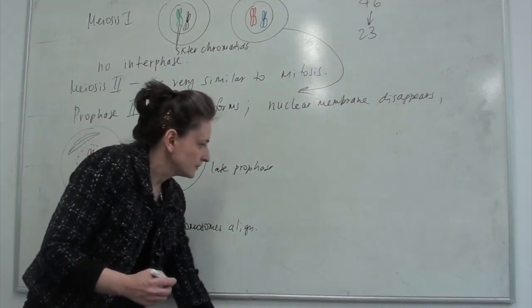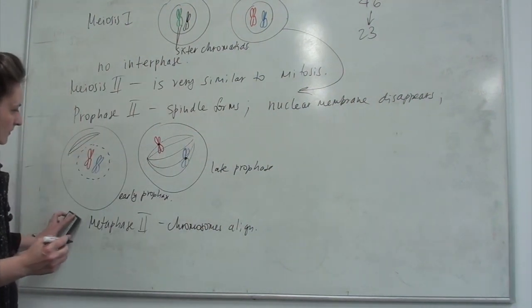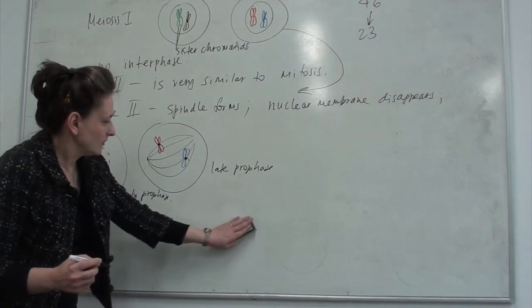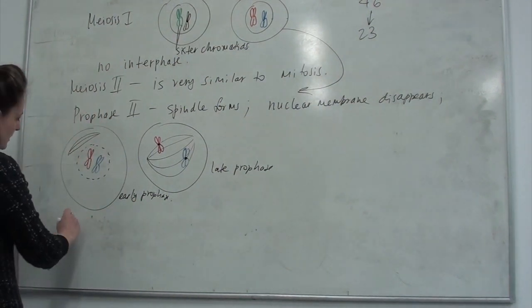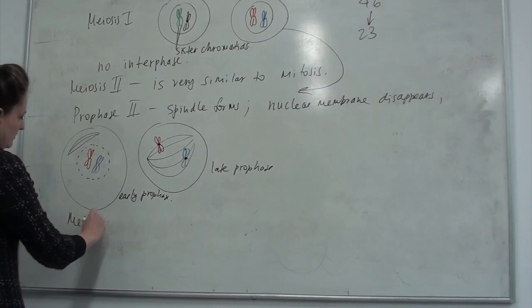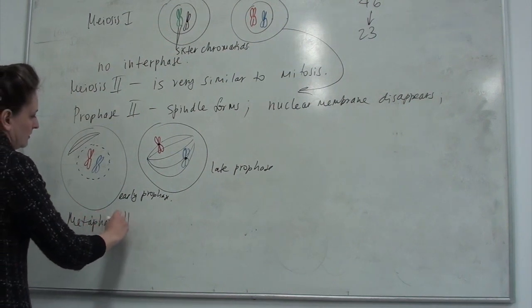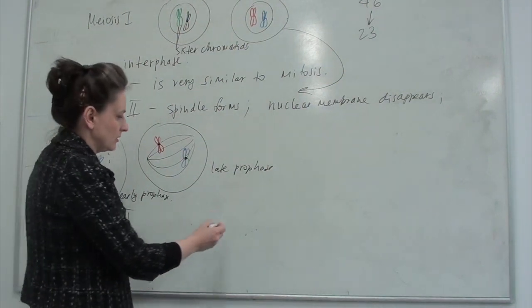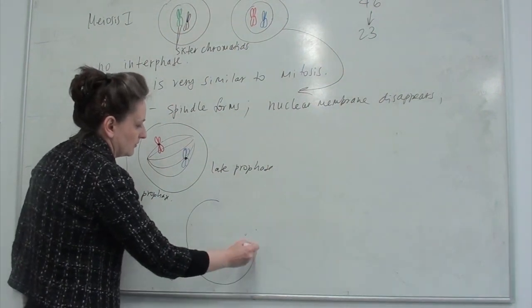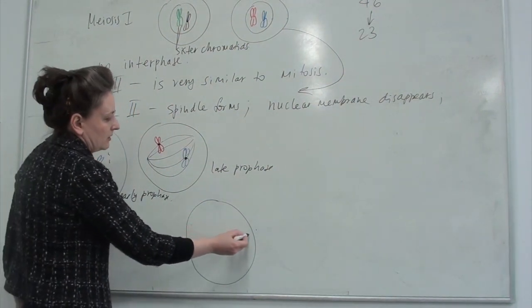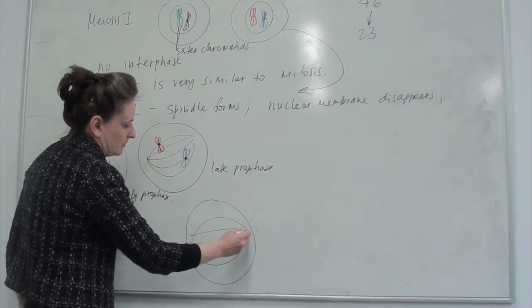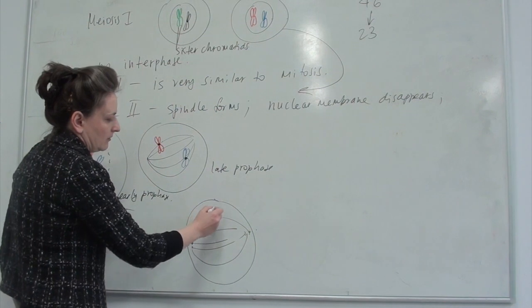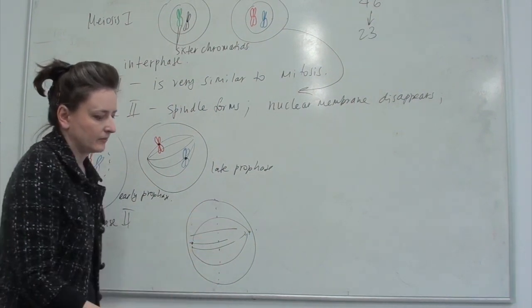So what you should have drawn is your spindle fibers. That's your middle line.